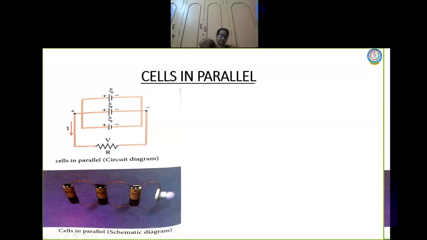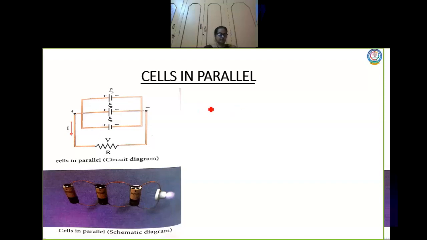So what happens in parallel connection? Now all the positive terminals of the cells are connected to one point, all the negative terminals are connected to the second point. Let us assume that there are n number of cells connected between A and B. Okay, so psi again be the EMF and r be the internal resistance.